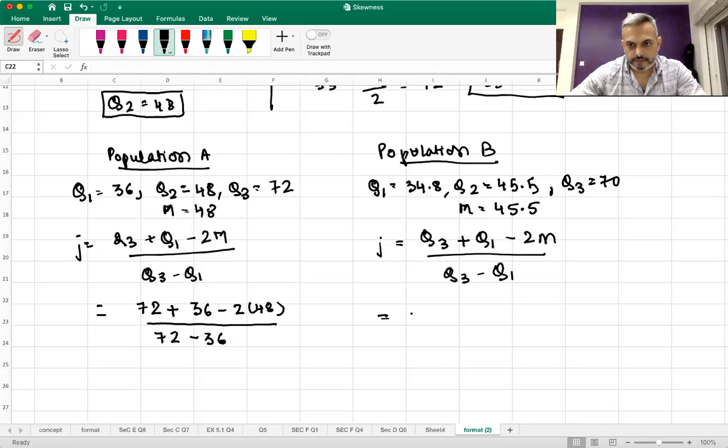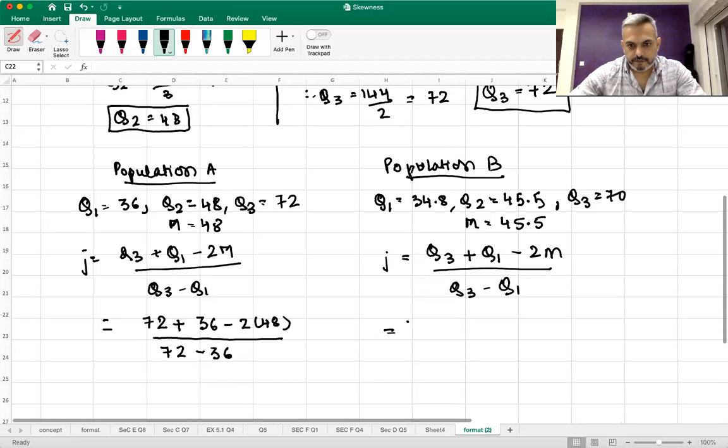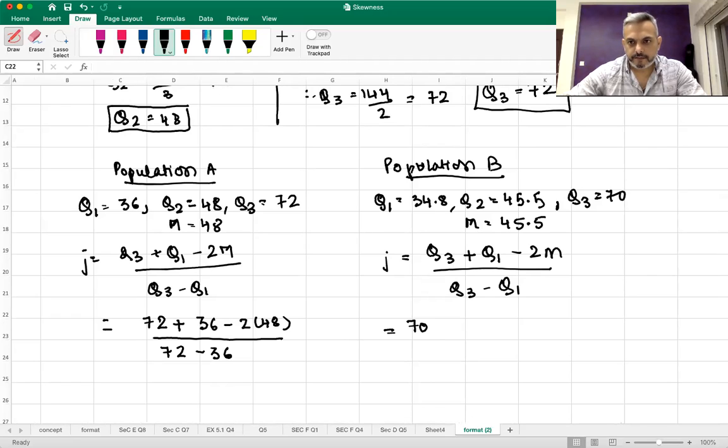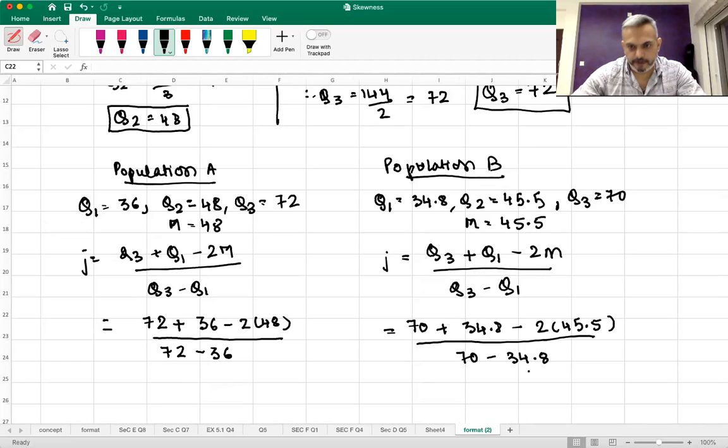Over here, 70 plus Q1 is 34.8 minus 2M is 45.5 upon 70 minus 34.8.